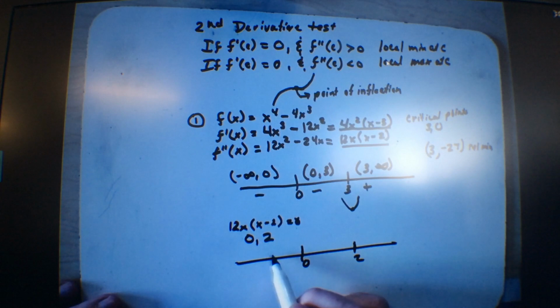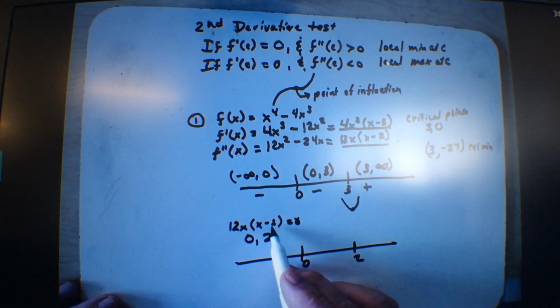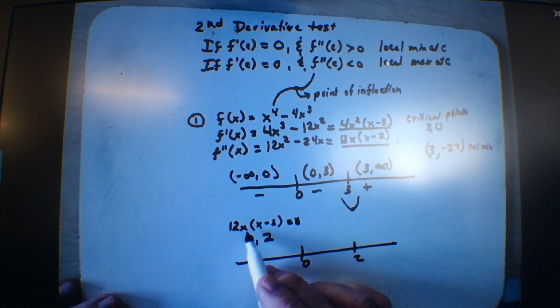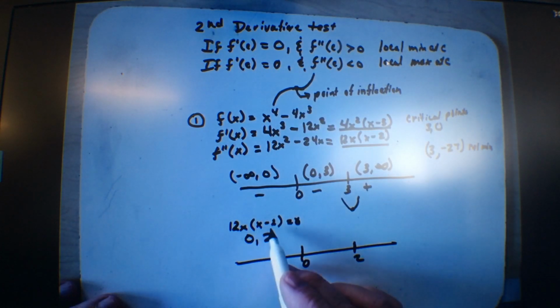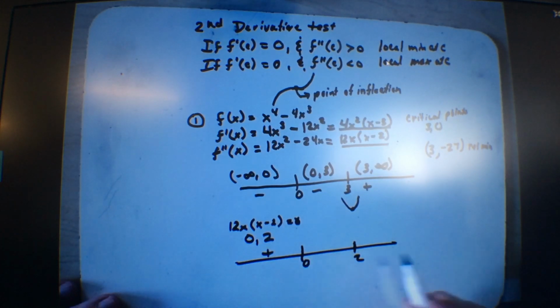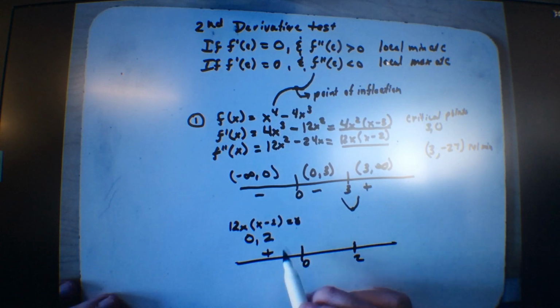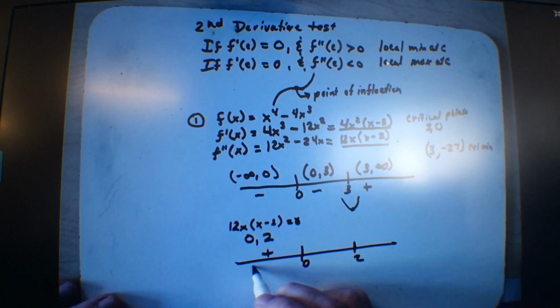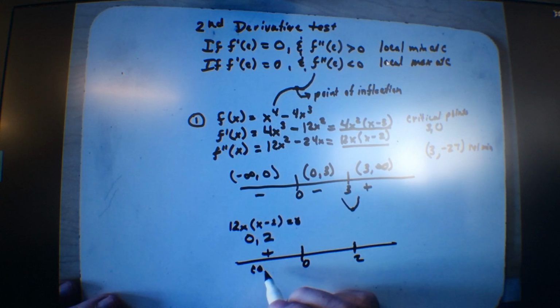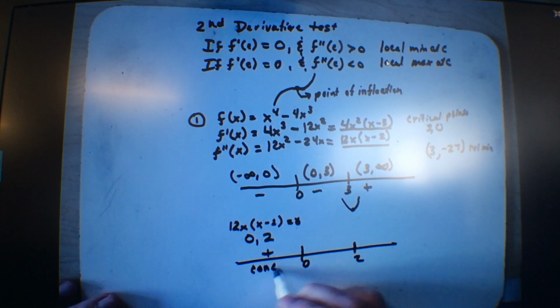So let's look at points here on this side. A -1. If you put a -1 in here, what happens? What do I get? This is negative and this is negative, so I get positive, right? Do you agree? Okay. So all the points here are concave up.